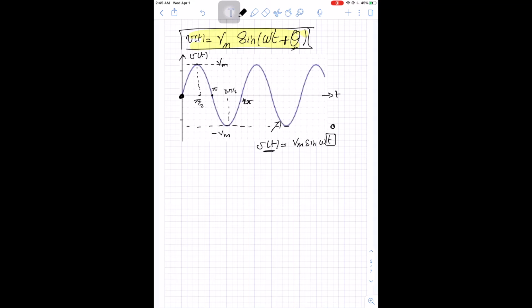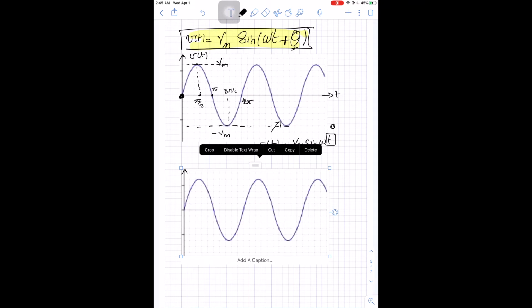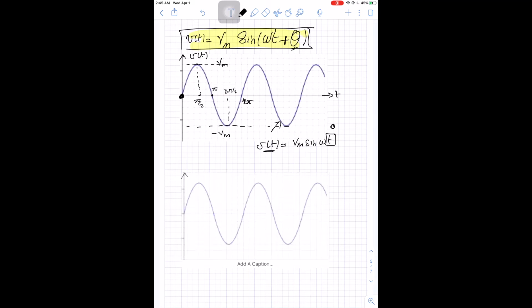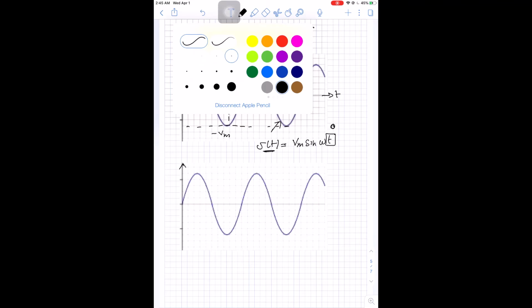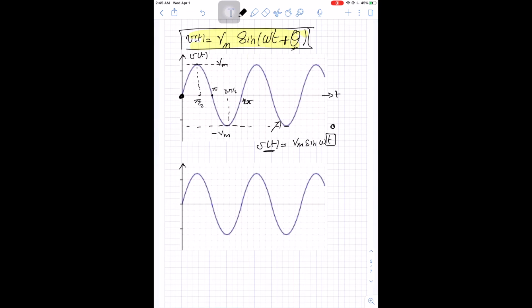But this wave can be shifted. So what if this wave was shifted, or we have an initial shift here? So let's say here is the wave, but let's assume there is a shift. So assume this is your y-axis, and this is where the time axis is.